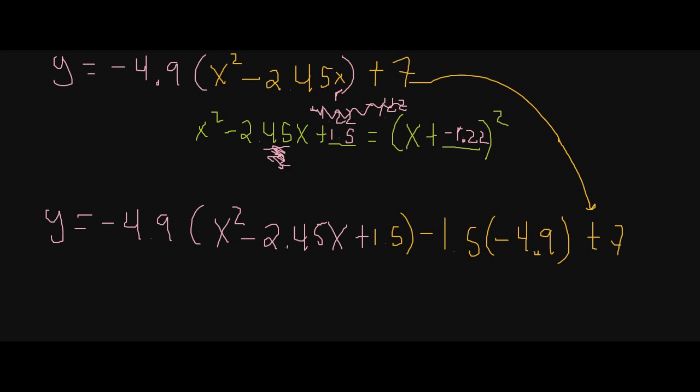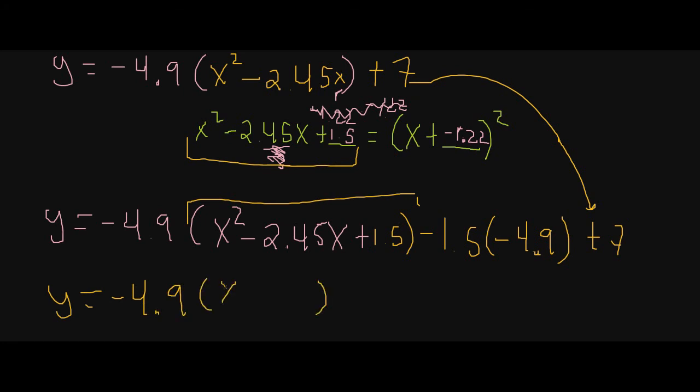Okay. Well, now we know. We just did it, right? This whole thing right here, x squared minus 2.45x plus 1.5, is going to give me this perfect square here. So I'm going to get y is equal to negative 4.9 times (x minus 1.22) squared, right? We could do plus or minus, but it's just the same thing.